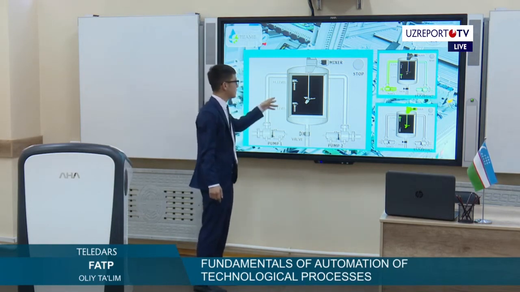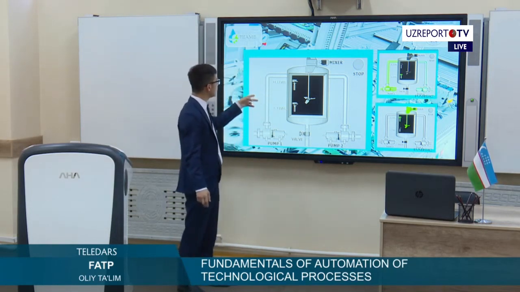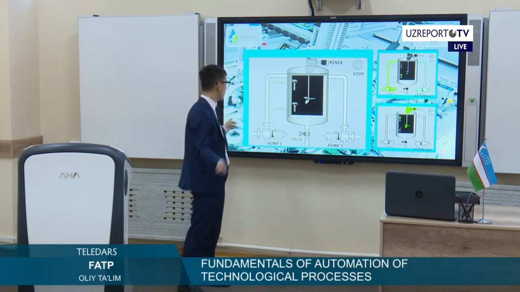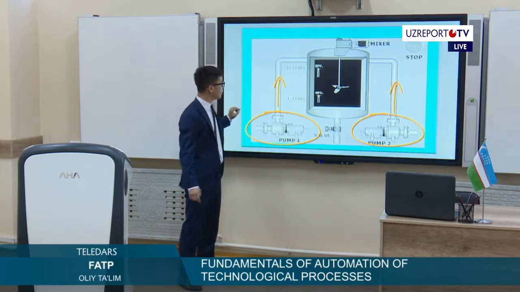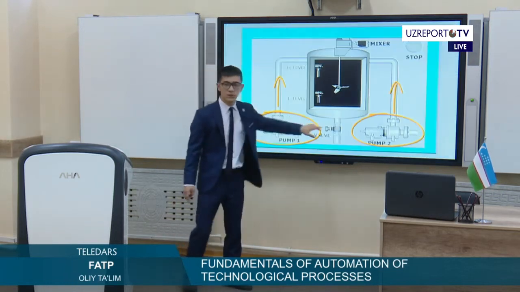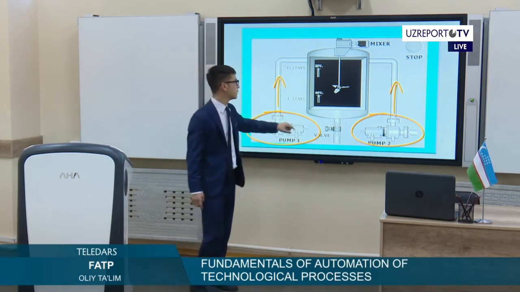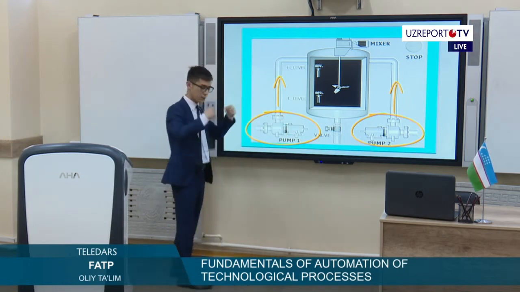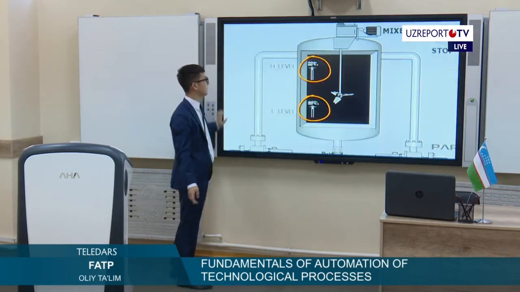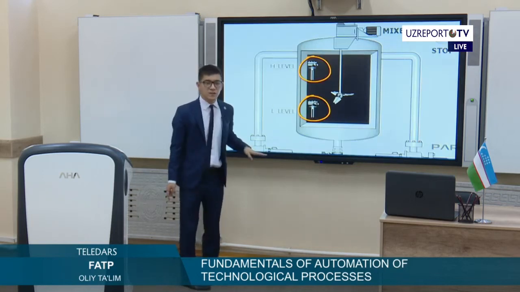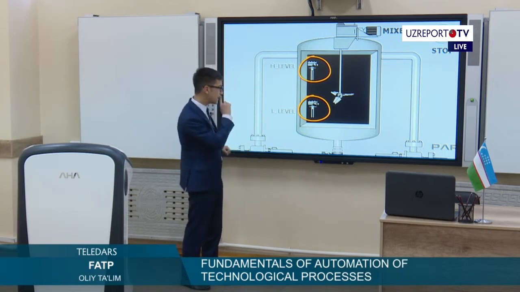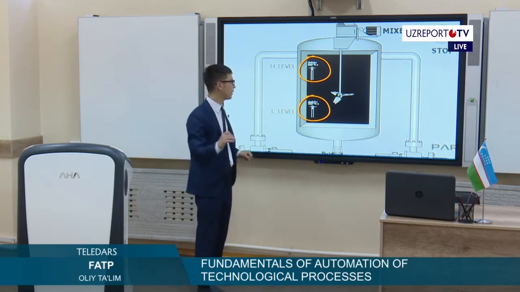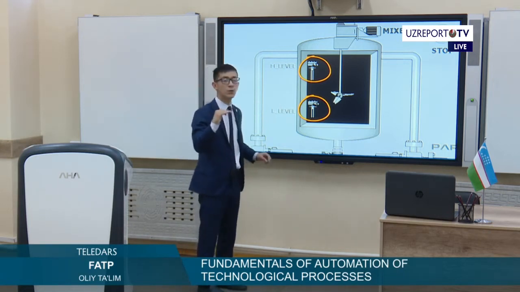And we have two sensors. These two sensors will tell about the low level of liquid and the high level of liquid. When we start to work with the two pumps, pump number 1 and pump number 2, coming to the tank, the liquid comes to the tank, and the two sensors of high level and low level must give a signal according to the valve, according to the liquid flow.